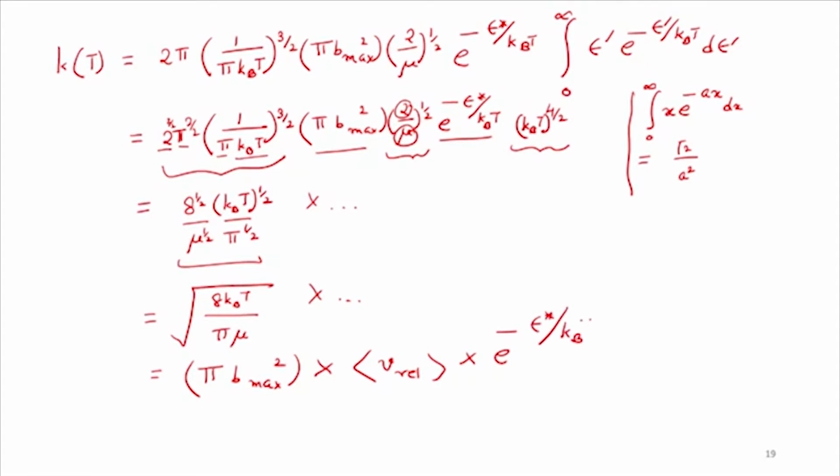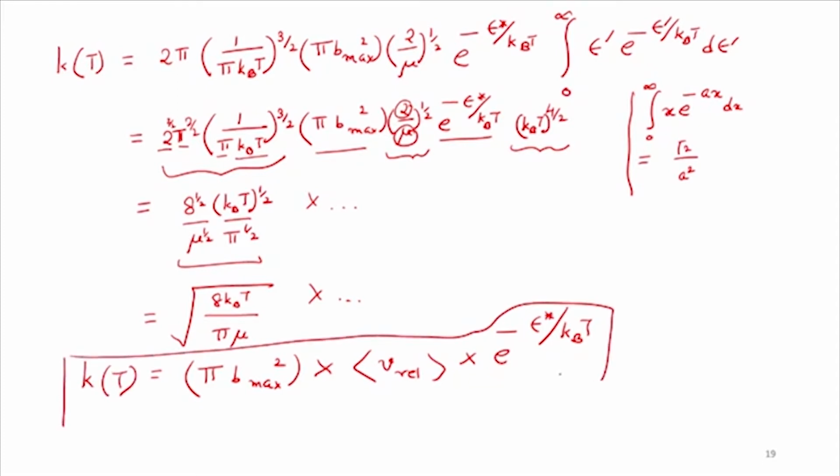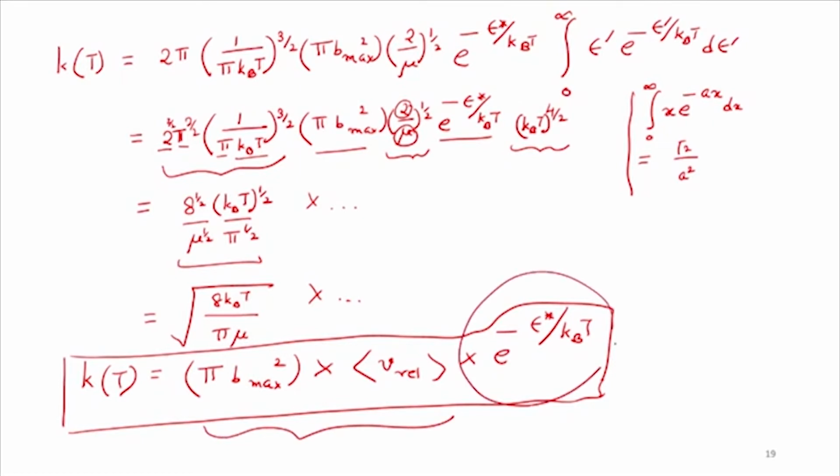So now this is a modified expression for the rate constant, and we see the beauty here. The earlier expression had only this part, pi b max square into V relative, and now we actually have e to the power minus epsilon star by kBt.